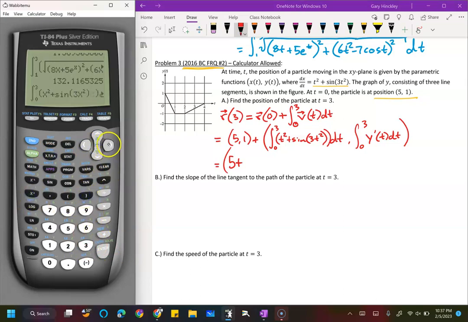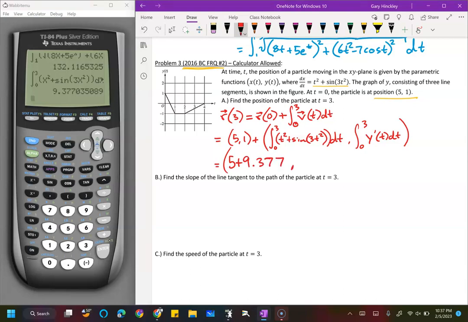Close that out, and then we just integrate that. Okay, there we go. So that's going to be 5 plus 9.377, comma.